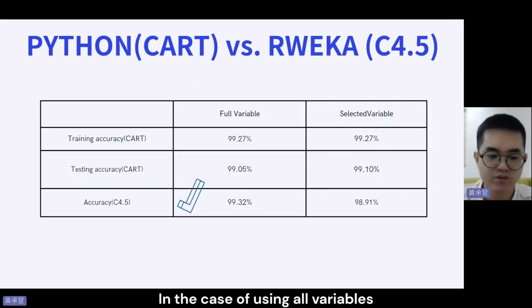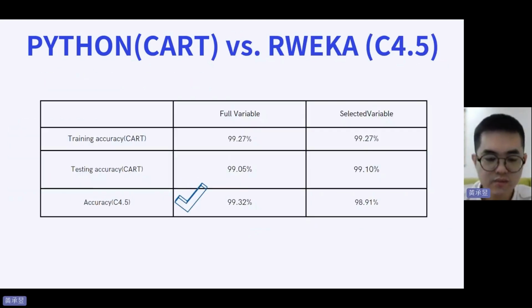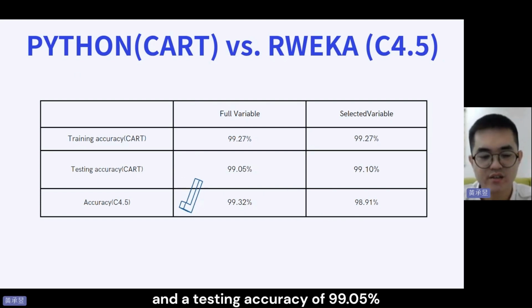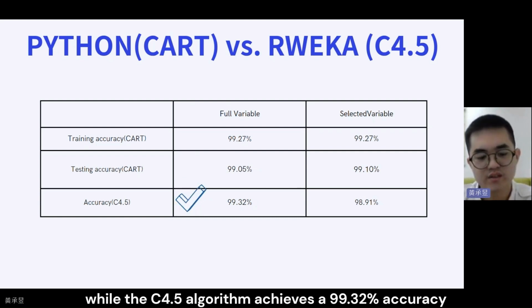In the case of using all variables, the CART algorithm achieves a training accuracy of 99.27% and a testing accuracy of 99.05%, while the C4.5 algorithm achieves 99.32% accuracy.